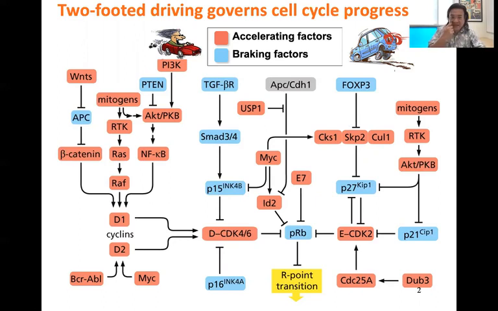We said that these factors are governed by many overlapping competing pathways. The oncogenic pathways are the ones in orange, and the braking pathways, in other words the tumor suppressor pathways, are the ones in blue. Remember, we said last time that ultimately all of these layers of brakes and acceleration end up focused on the function of the RB protein.